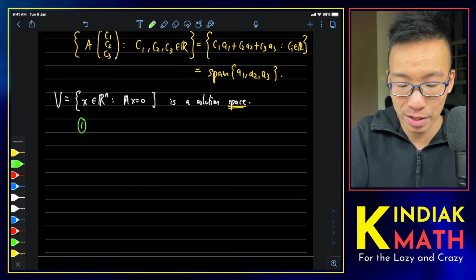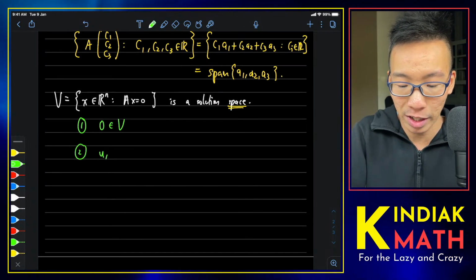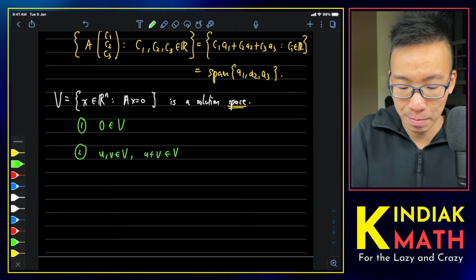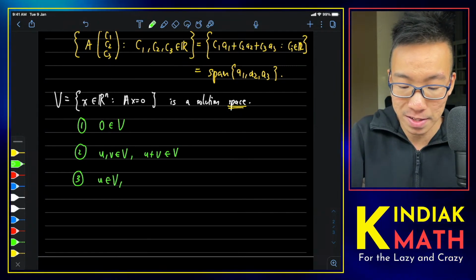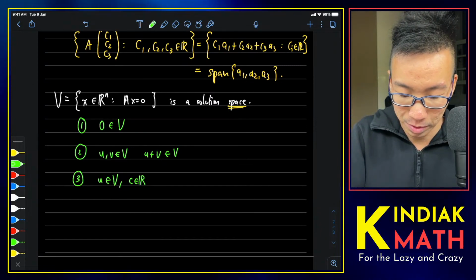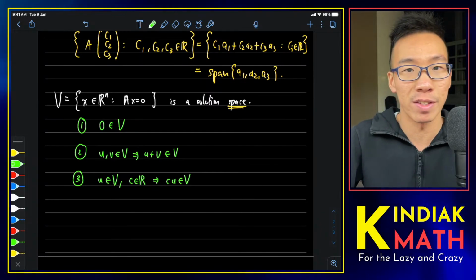We need to show that the zero vector lies inside V. That if we take two items in V, the output remains in V. And finally, if we take a vector in V and scale it up, then the scaled vector should lie inside V as well.